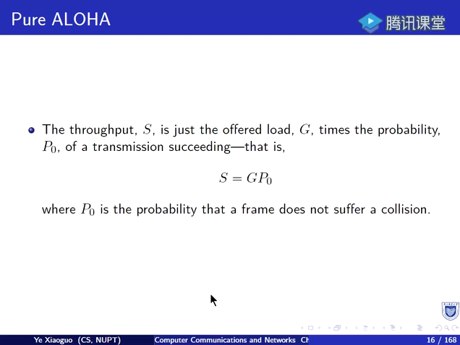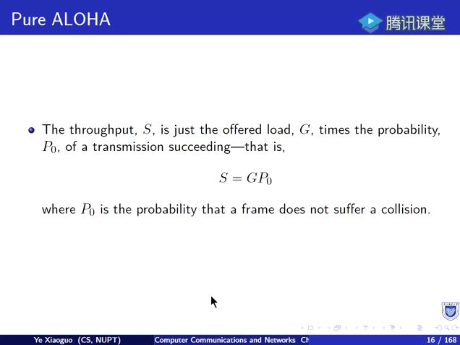So the system throughput S equals G times P0. Here P0 is the probability that a frame does not suffer a collision.